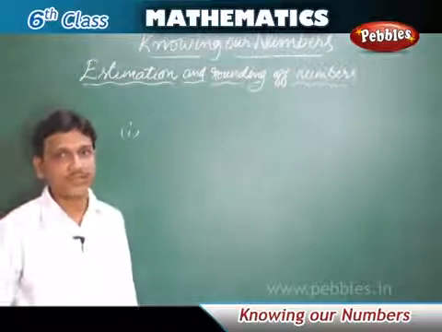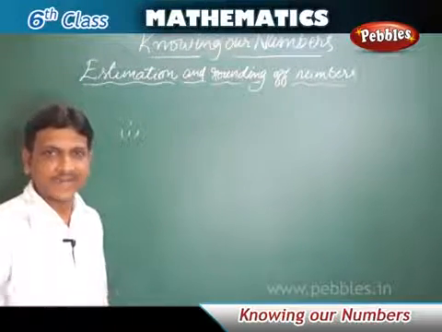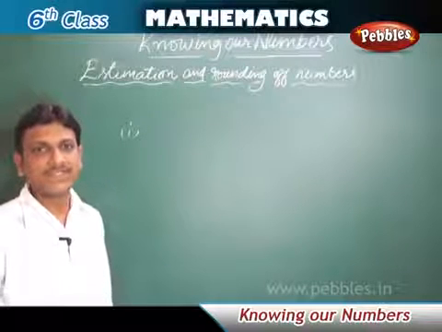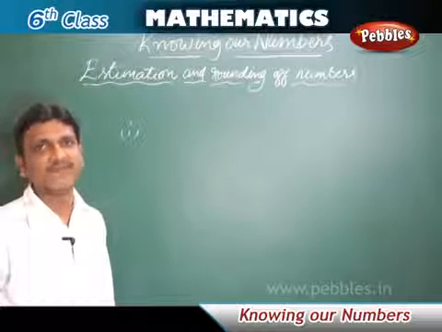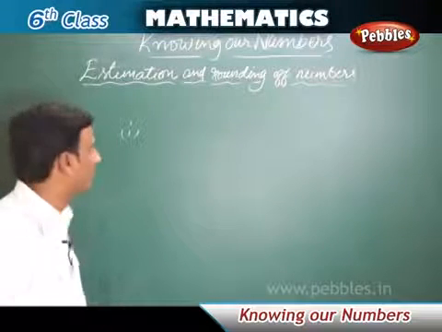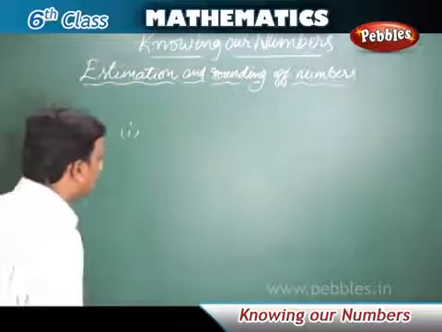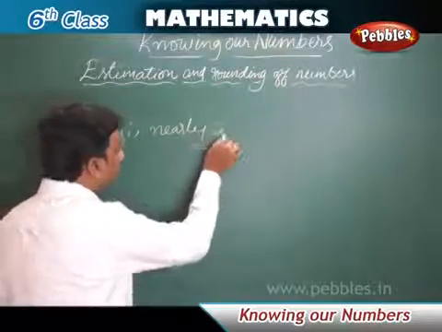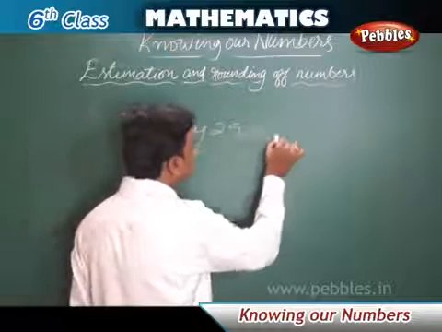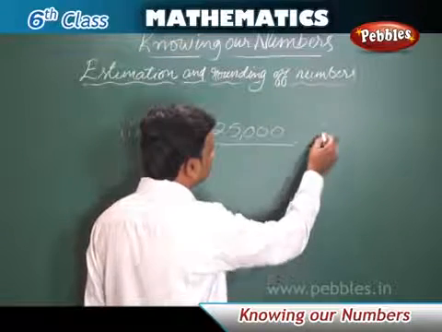Estimation and rounding of numbers. In our daily life, we come across many situations where we round off numbers for convenience. Say for example, in the month of November, nearly 25,000 people visited Salarjung Museum.